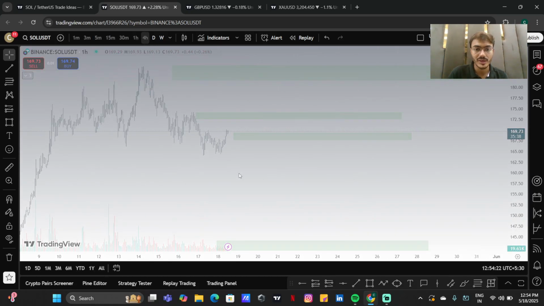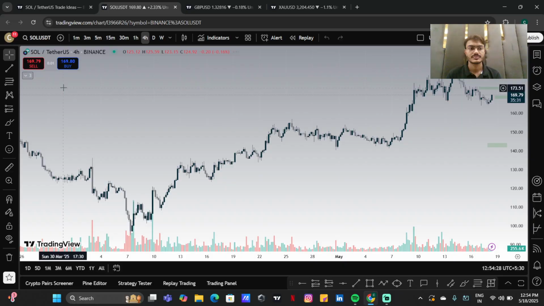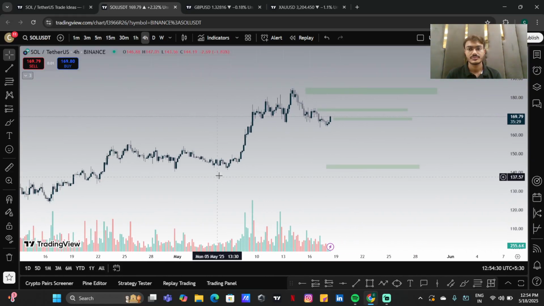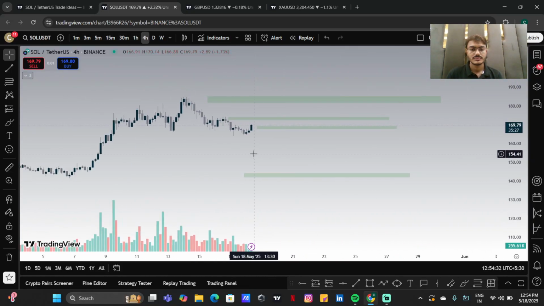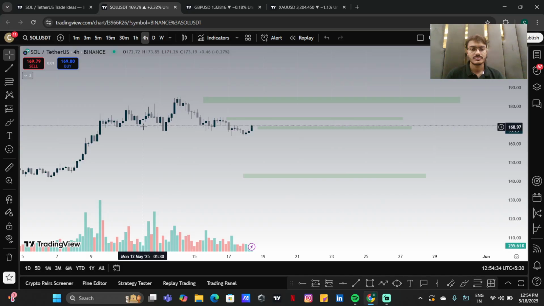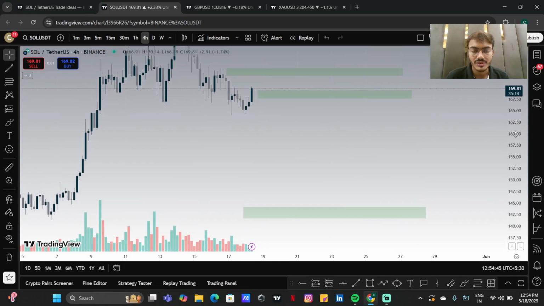If I go on a 4 hour time frame, refresh. Yeah, here's the support zone, but if it broke the support zone over here, let's maximize this situation.